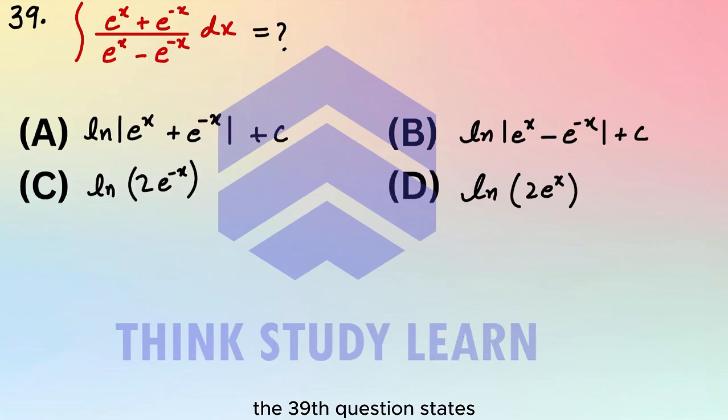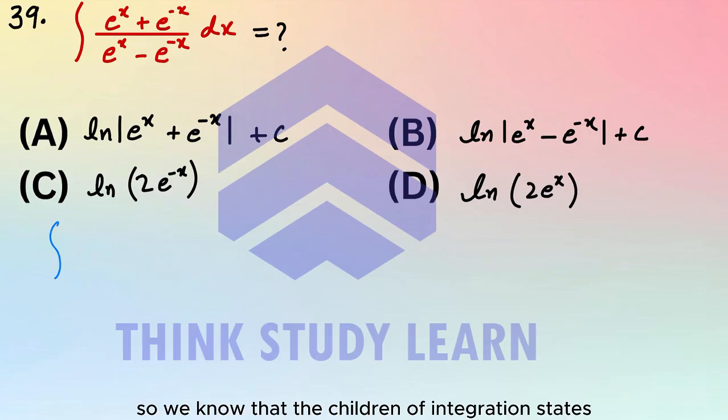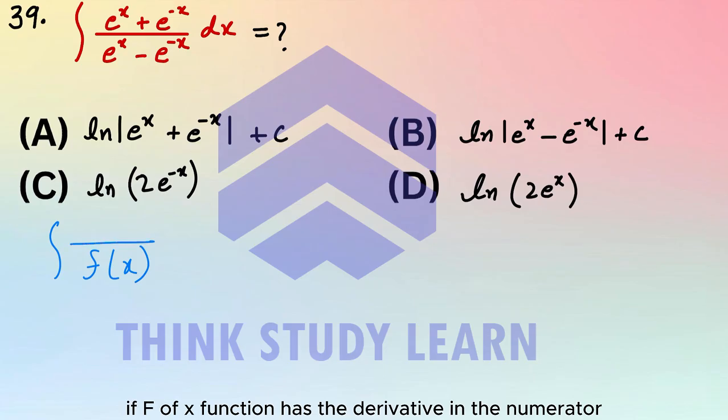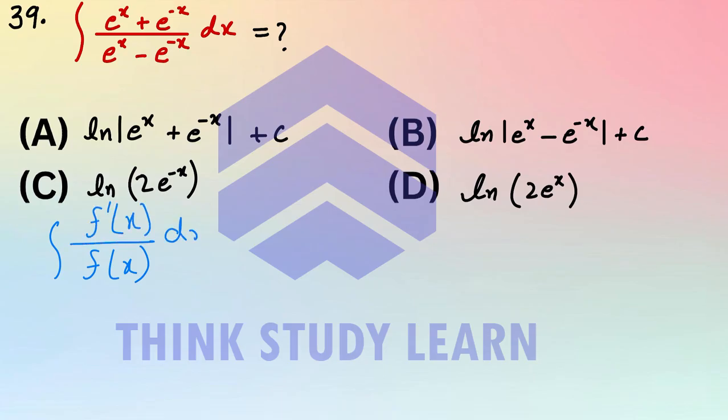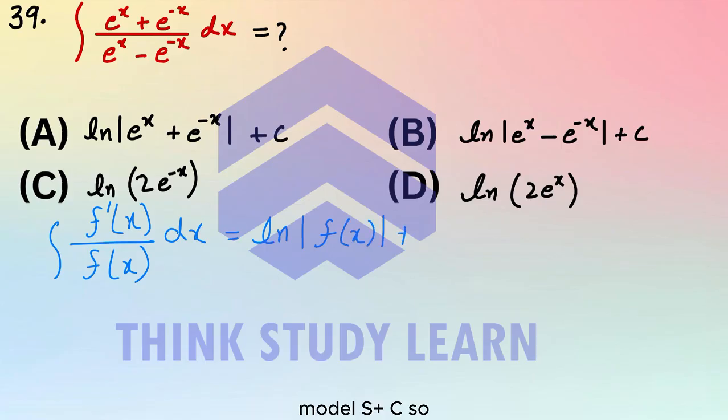The 39th question states, find the integration of e raised to the power x plus e raised to the power minus x when divided by e raised to the power x minus e raised to the power minus x dx. So we know that the theorem of integration states, if f of x function has the derivative in the numerator and we will take its integration, then its integration will simply become ln modulus of f of x plus c.